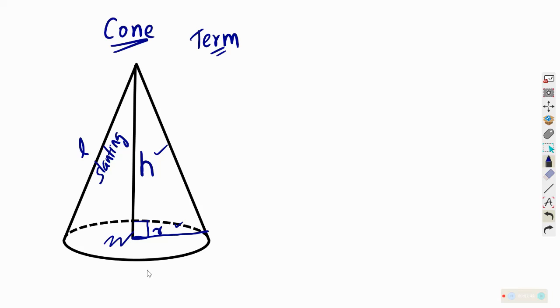It is very easy to measure the height of a thing. It is easy to measure the diameter of the base and find out the r. But to measure the slant height, it is a little tricky. So why can't we use the great Pythagoras theorem for that purpose, if the need arises?